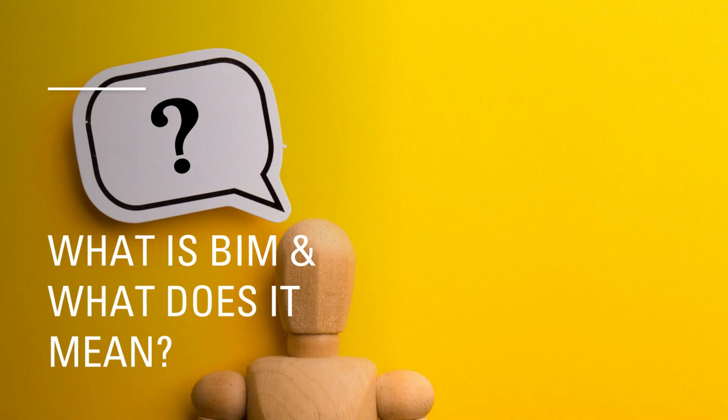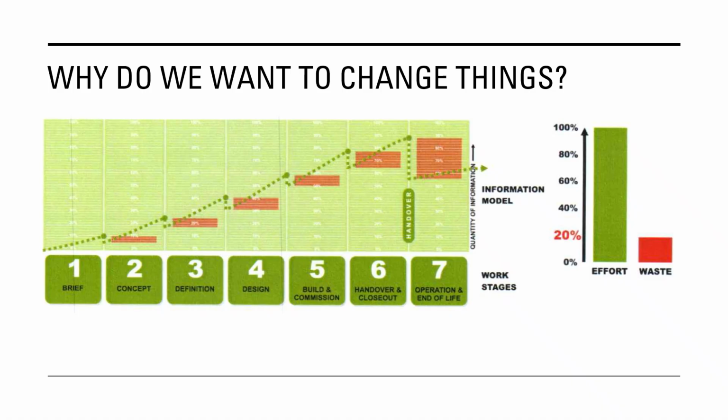Why do we want to change things? This slide gets to the heart of why BIM matters and why the industry is shifting away from traditional workflows. Across the project lifecycle, from brief and concept to handover and operation, we see significant data loss at every stage.